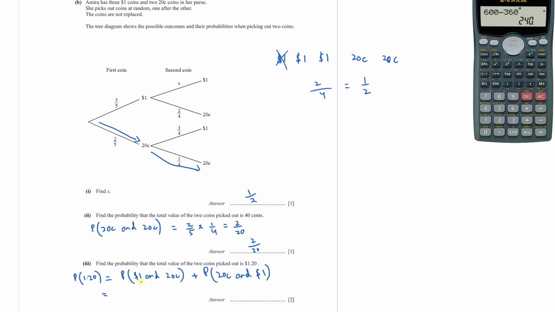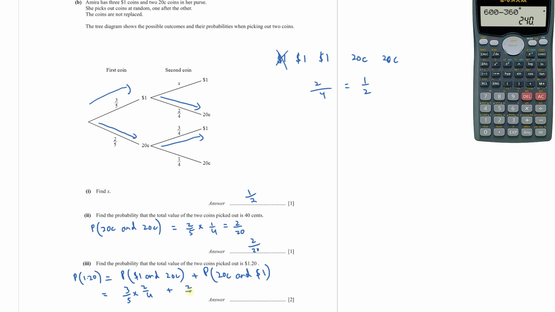So what is the probability that you get $1 and then 20 cents? So let me erase this previous one. So this is $1 and then you get 20 cents. So this is 3 over 5 multiplied by 2 over 4, plus the probability of 20 cents and then $1.